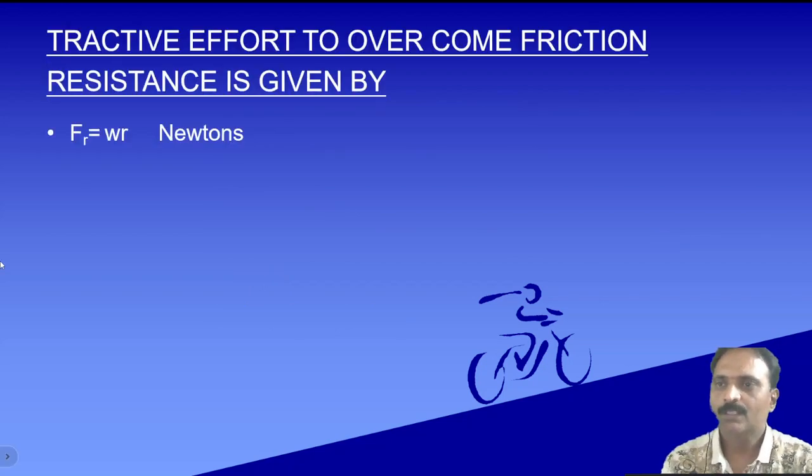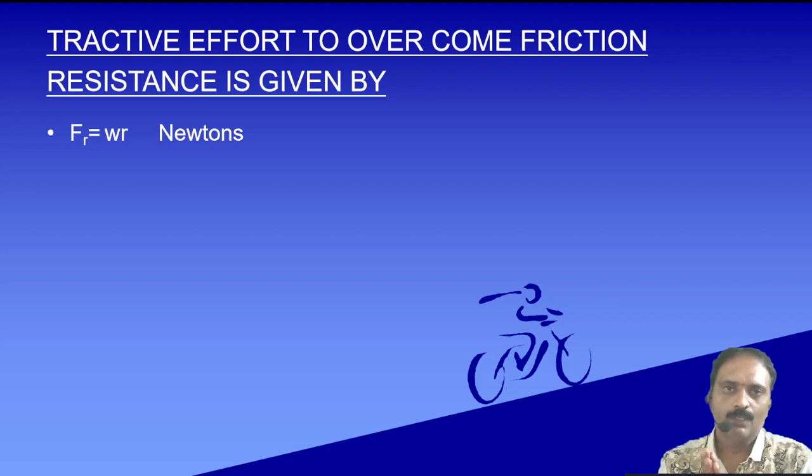So here Fr, the force required to overcome the resistance of the train, is given as W multiplied by R, where W is the actual weight of the train and R is the resistance, which is represented in newtons per ton. So obviously newtons per ton multiplied by tons will give us the force component in newtons. So ultimately the tractive effort required is going to have three components: Fa, Fg and Fr.